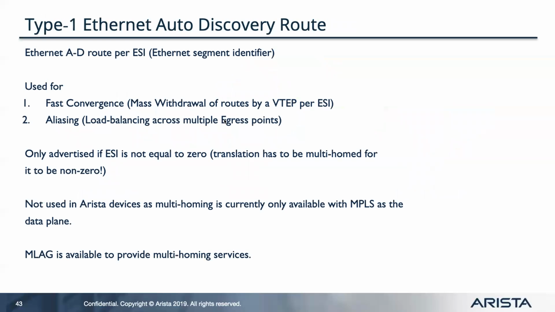Okay, so now we will discuss type 1, type 2, type 3, 4, and 5, one by one. Before we discuss type 1, let's discuss type 2, because there are a few things in type 1 which also depend on type 2.